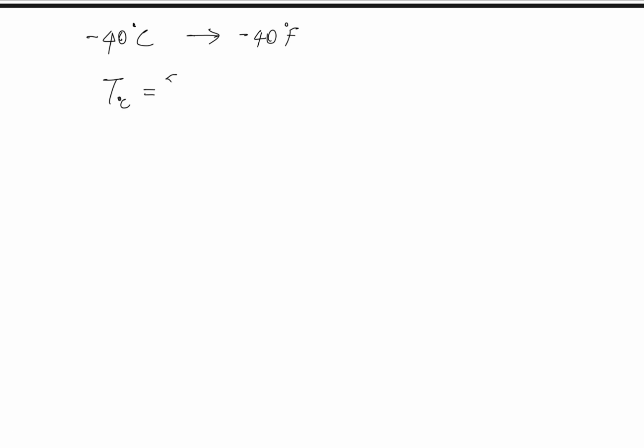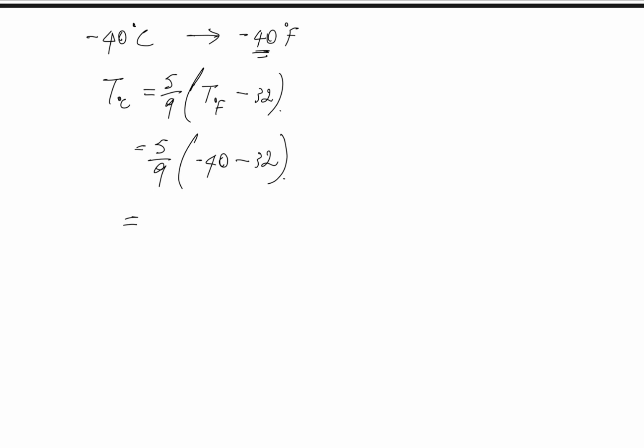This is going to be 5/9 times T in degrees Fahrenheit minus 32. Now let's plug in here the minus 40 degrees Fahrenheit. Let's substitute that. What we end up with is 5/9 multiplying minus 40 minus 32.